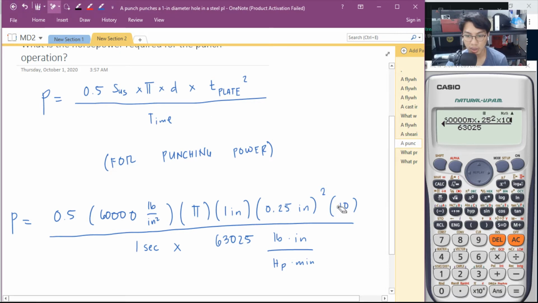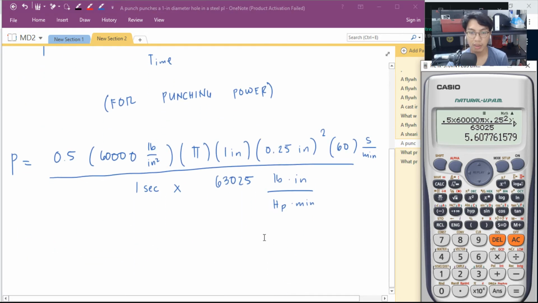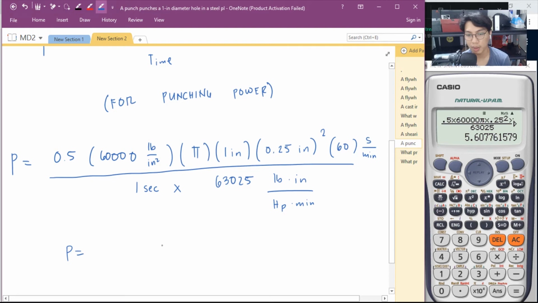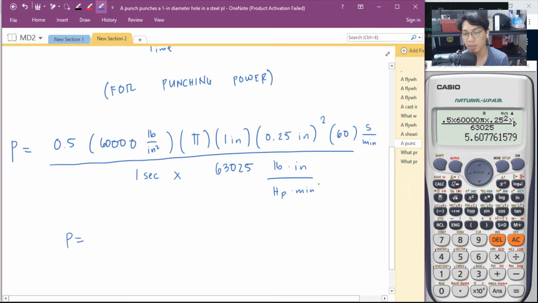This is 60. 60 seconds in every minute para ma-cancel yung factor dito sa minute. Hindi to 10 ha. Yan. So you have there the power of punching. Dito pala ako nagkamali. Hindi pala 10. That is 60 seconds in every minute para ma-cancel to.